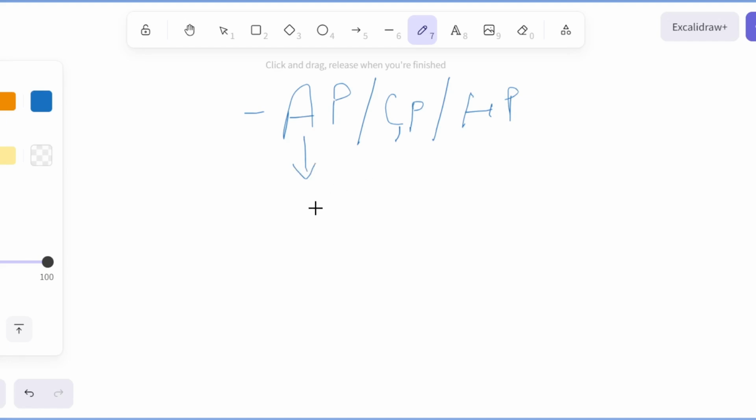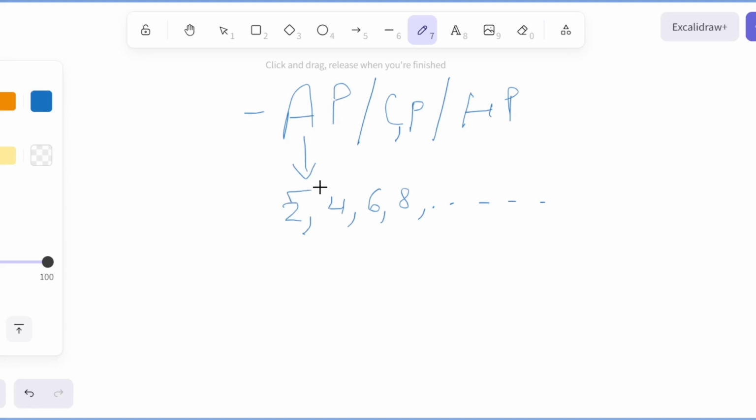Today we'll study the general term formula for arithmetic progression. An arithmetic progression is a sequence like 2, 4, 6, 8 and so on. If you see here, the interval is the same, isn't it? If you add 2 to 2 you get 4. If you add 2 to 4 you get 6.